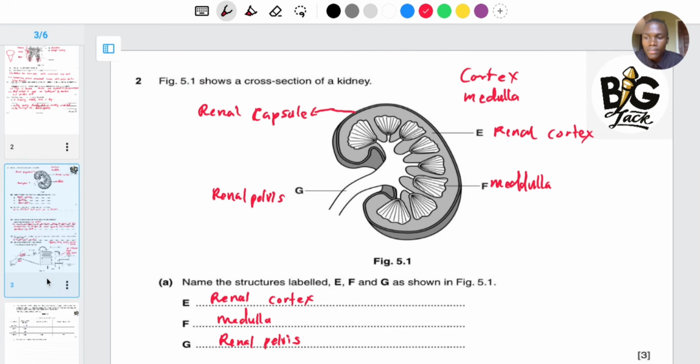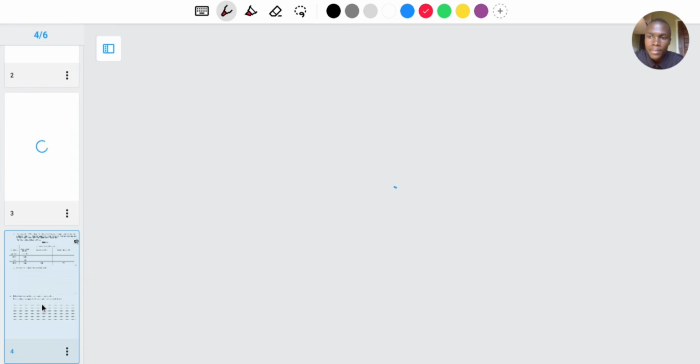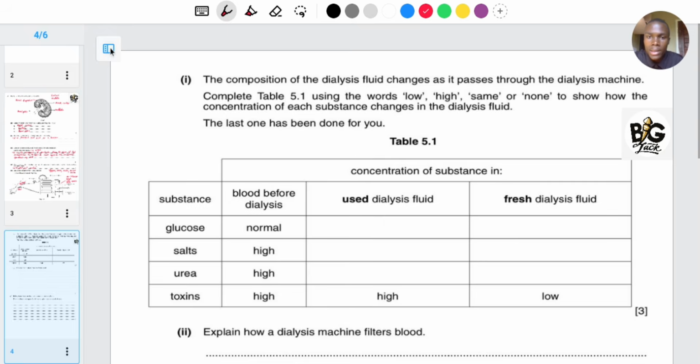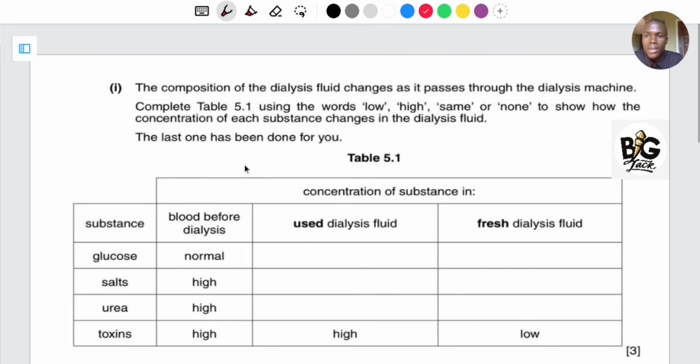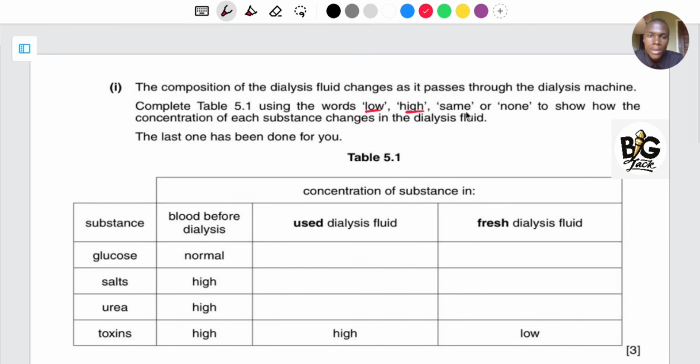Okay, let me just display it. This one is saying the composition of the dialysis fluid changes as it passes through the dialysis machine. Complete table 5.1 using the words low, high, same, or none, to show how the concentration of each substance changes in the dialysis fluid. The last one has been done for you.